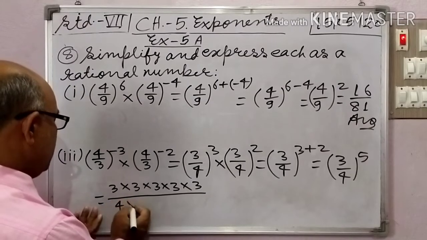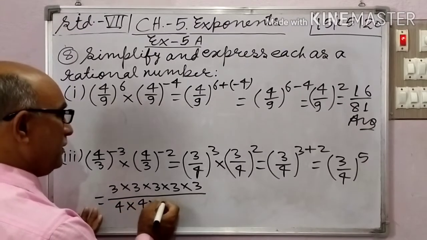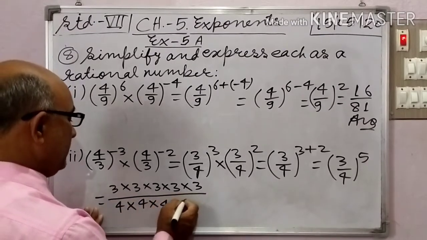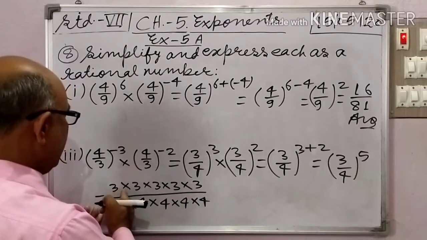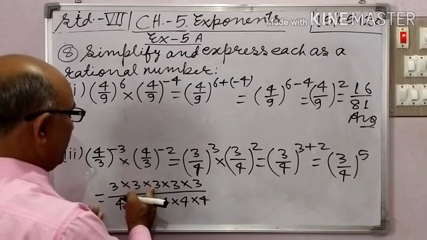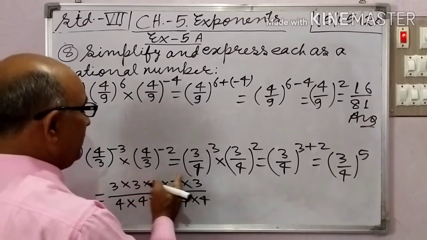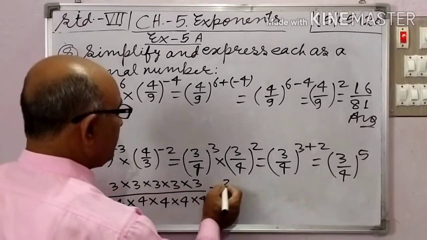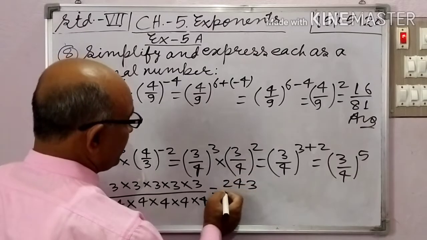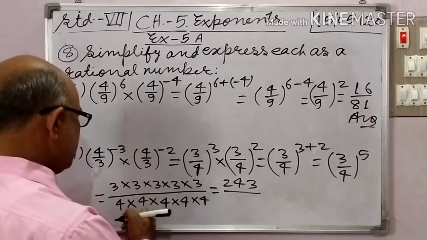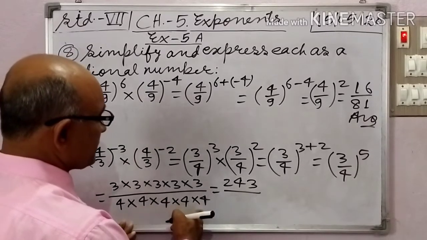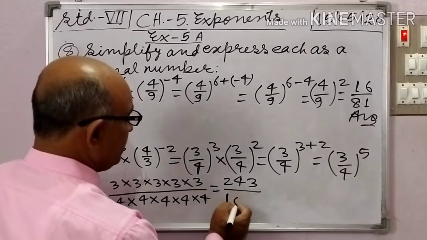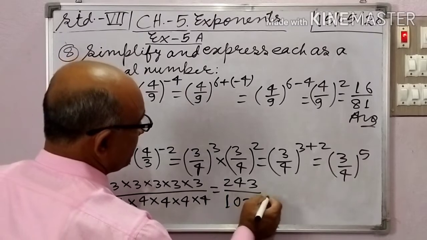Now 4 into 4 into 4 into 4 into 4, 5 times. 3 3s are 9, 27, 81, 81 3s are 243. 4 4s are 16, 64, 64 into 16, 1024.